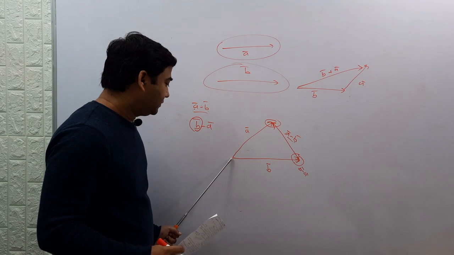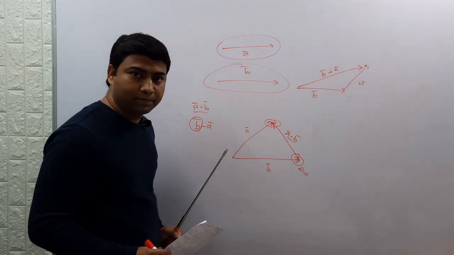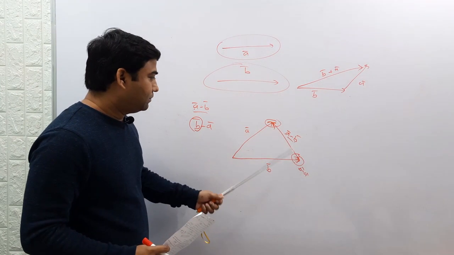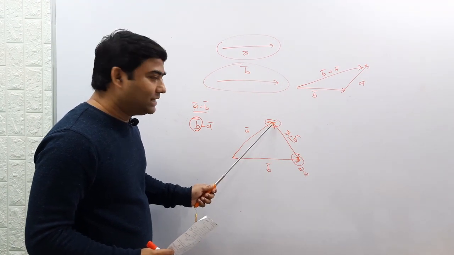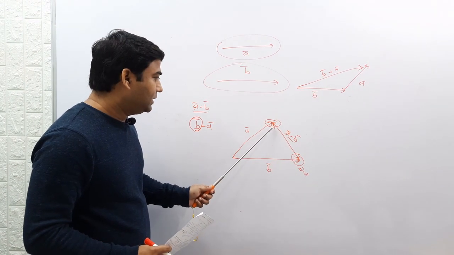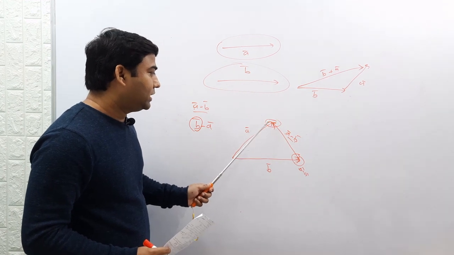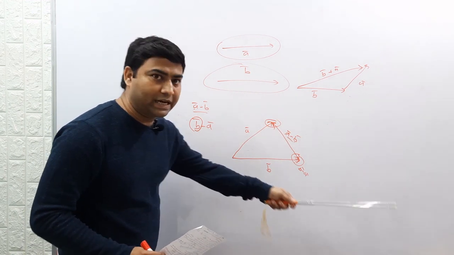Join the tails of the two vectors which you want to subtract and complete the triangle, and the head of the final vector will be located toward the vector which is subtracting the other vector.